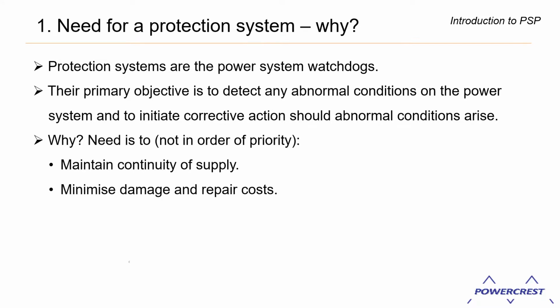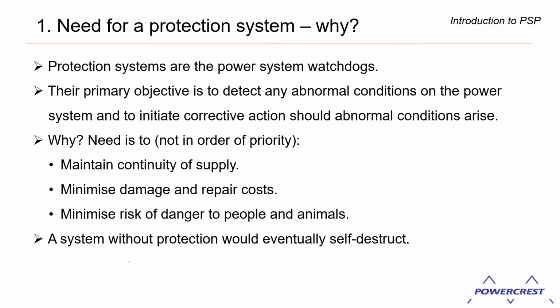Also, and this would be, I suppose, rather obvious, to minimize damage and repair costs, and also to minimize risk of danger to people and animals, right? Minimize any hazard to workers on the site, anybody that may come into contact with the power system in some way. We want to minimize the risk of danger to them. And really, a system without protection would eventually self-destruct.